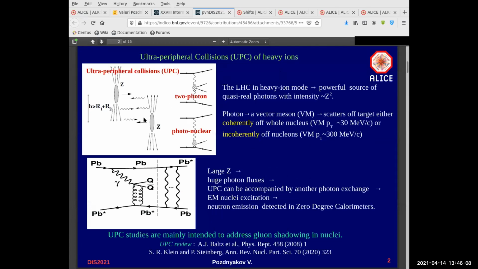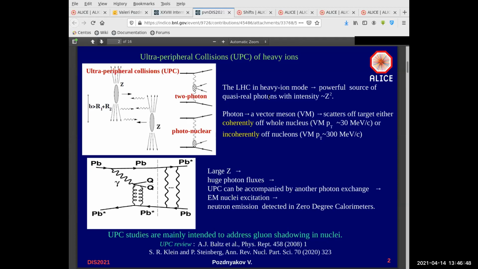If the impact parameter between two ions is larger than the sum of their radii, we have mostly the possibility for photon-induced reactions. We can split this type of reaction in two classes: two-photon, which is I would say a background for us, since we don't measure two-photon contributions, but our aim is to measure rho-zero produced in photonuclear reaction.